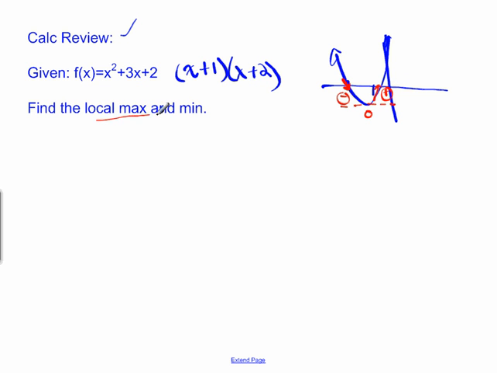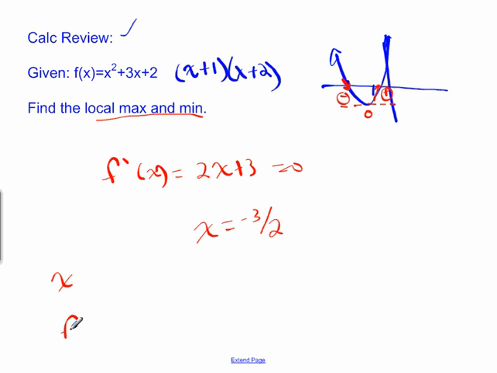So to find the local max and or min, we find the derivative. We see that this equals 0 when x equals negative 3/2. And then just to be sure whether or not that's a max or a min, we make a derivative chart. At negative 3/2, my derivative is 0.